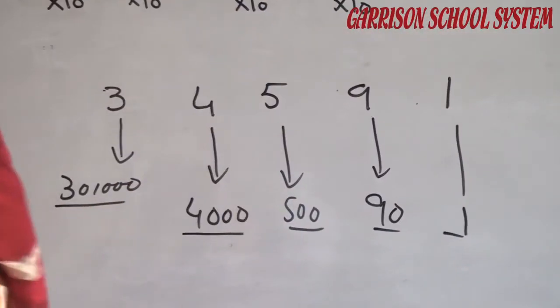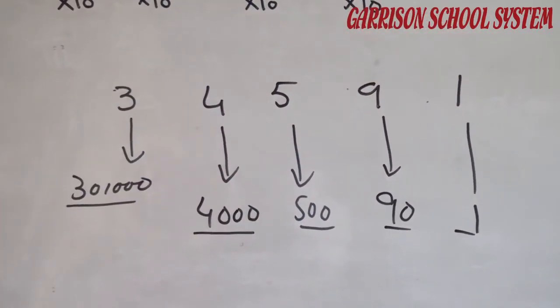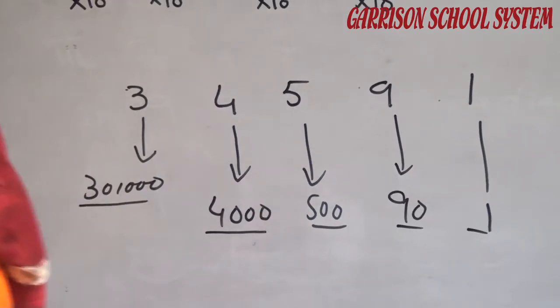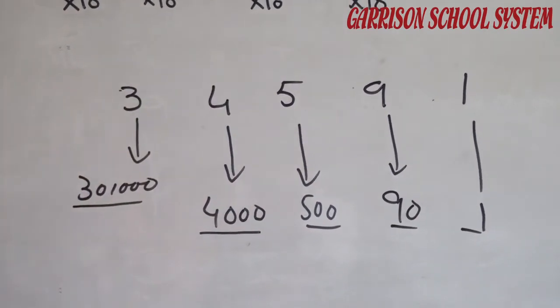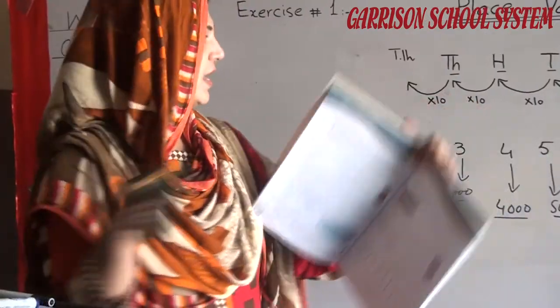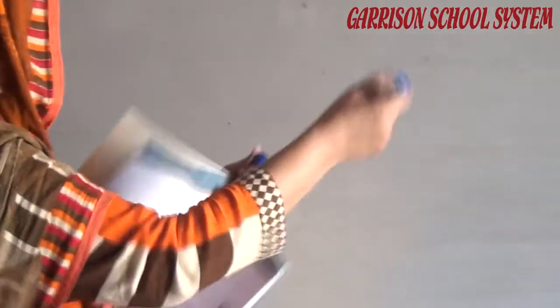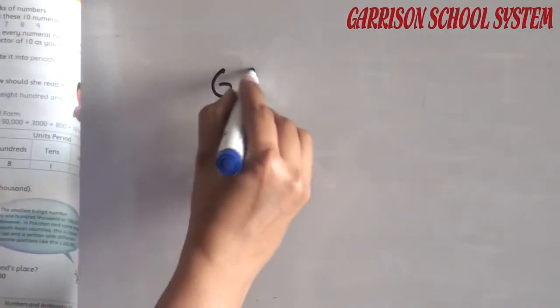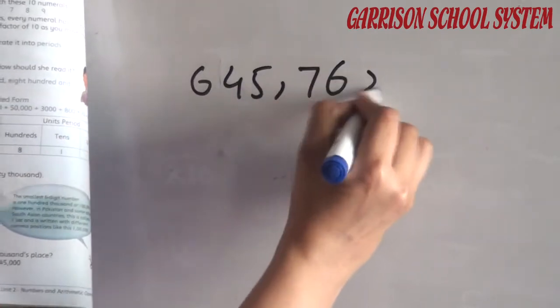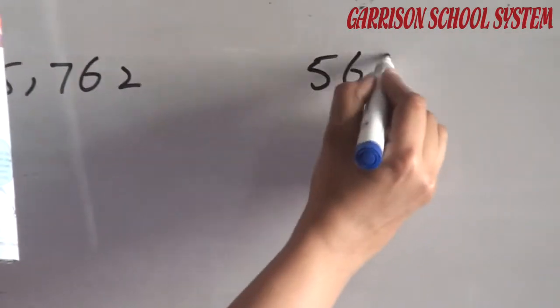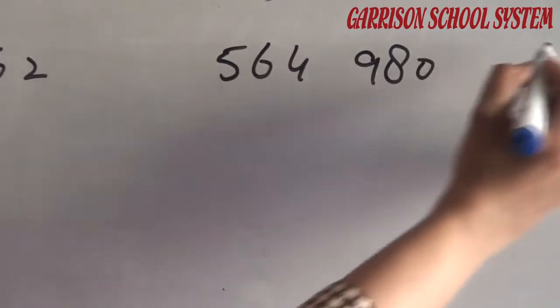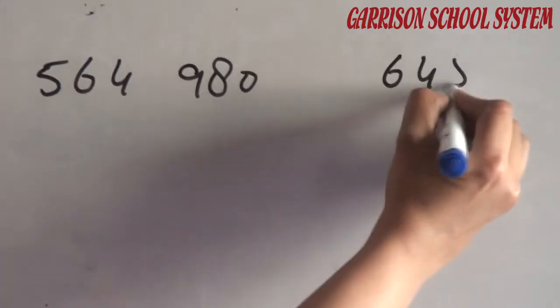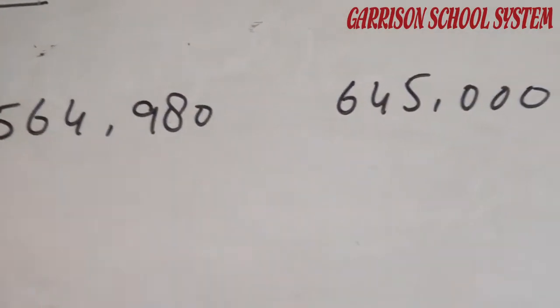So how can I solve this question? We have exercise number 1. The question is, we have 3 values, students: 6, 4, 5, 7, 6, 2, and next 5, 6, 4, 9, 8, 0, and 6, 4, 5, 0, 0, 0.